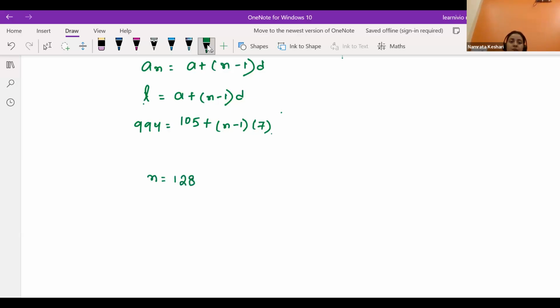Let's check. It's kind of a decimal number, though, it's not exactly divisible. Let me check.